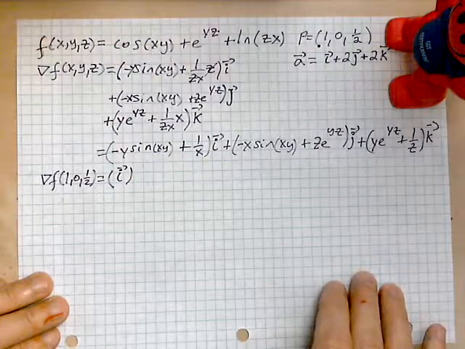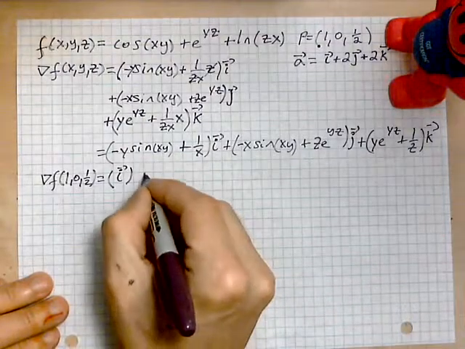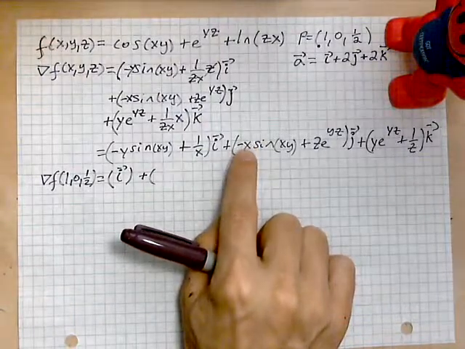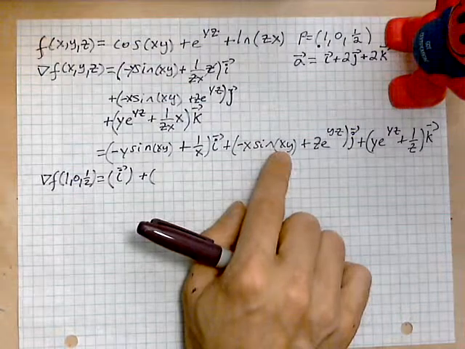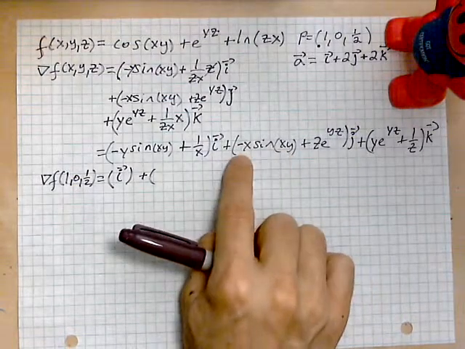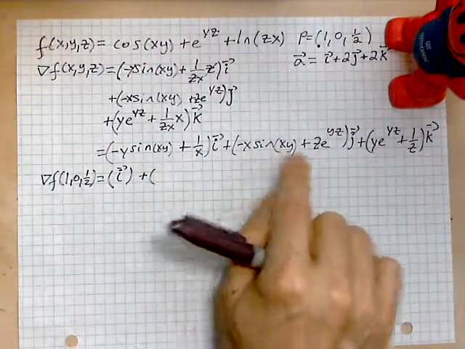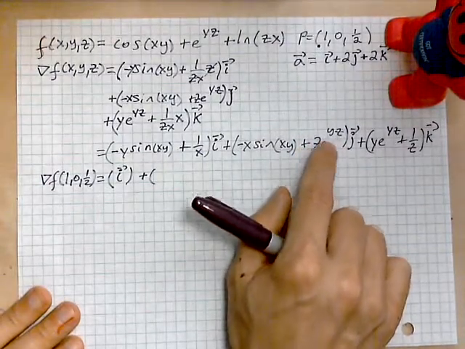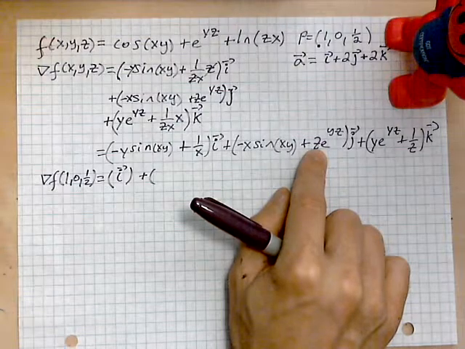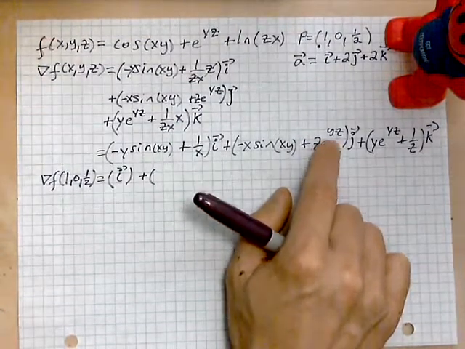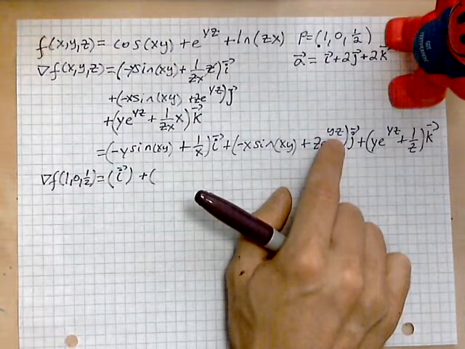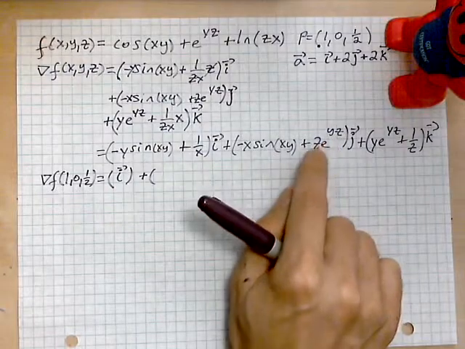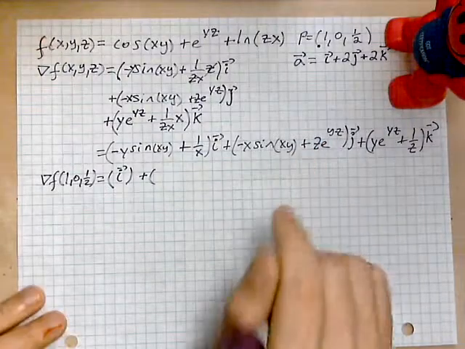Then you have to add to it negative x, which is negative 1 times the sine of 1 times 0, which is 0. So that gives you 0 again. And then you have z times e to the yz. So now that is 1/2 times e to the 0 times 1/2. That's just 1/2 times e to the 0, which is the same as just 1/2. That's it.